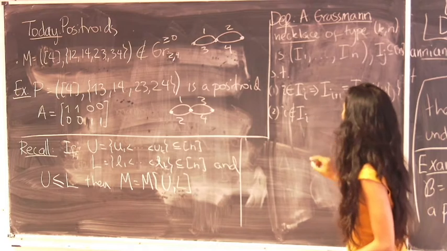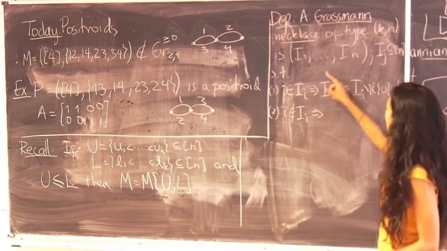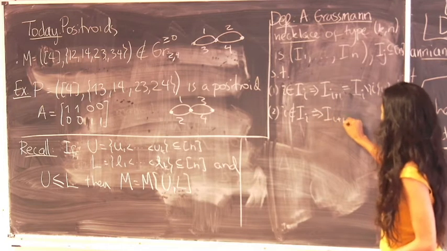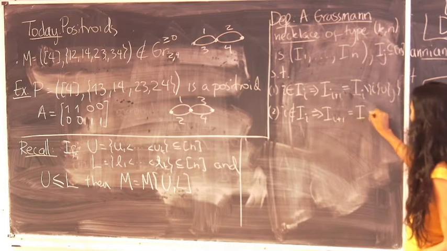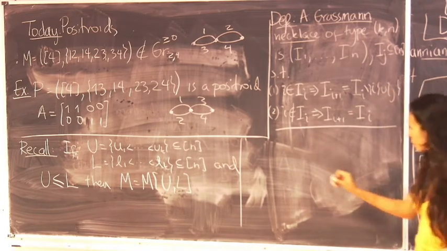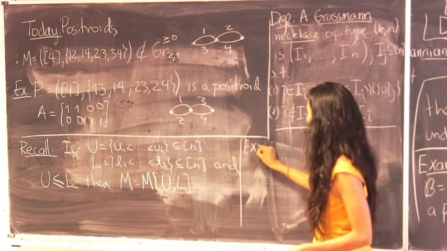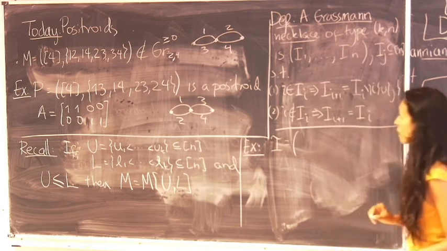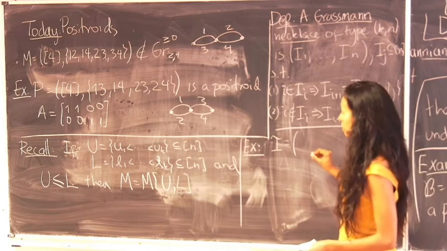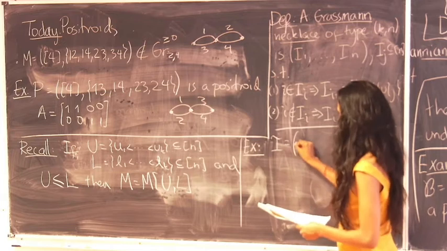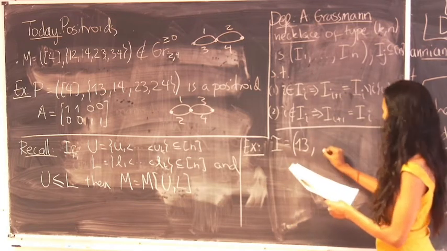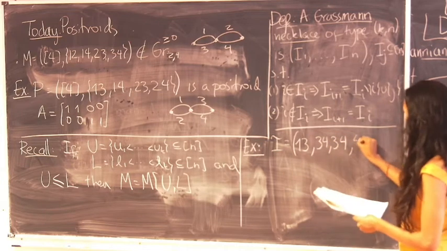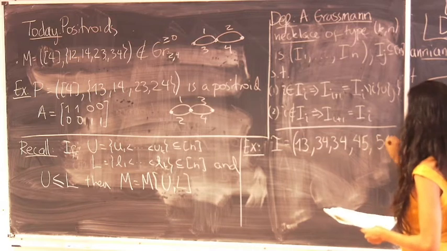Either i is or is not in the ith subset here. So let me tell you what this means. It's basically something that looks like this. So let's take 1 3, 3 4, 3 4, 4 5, 5 1.